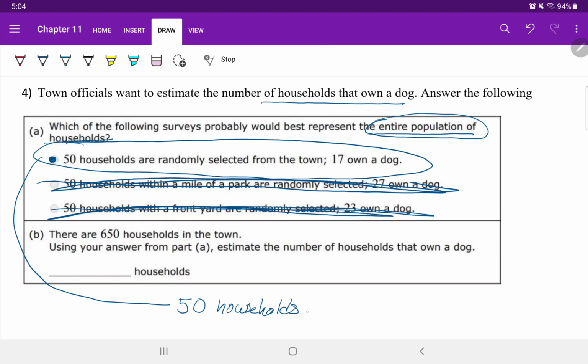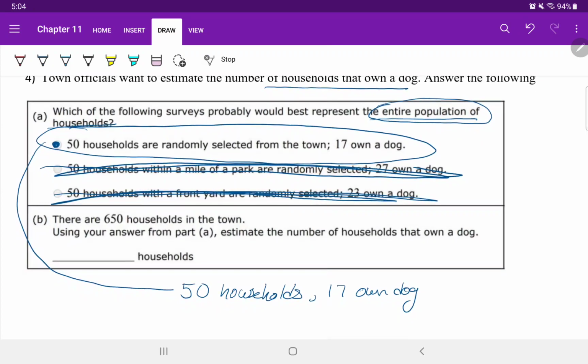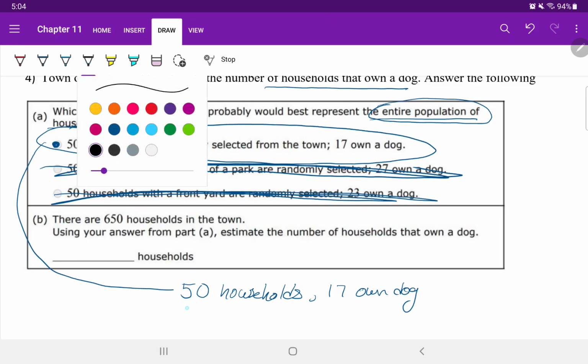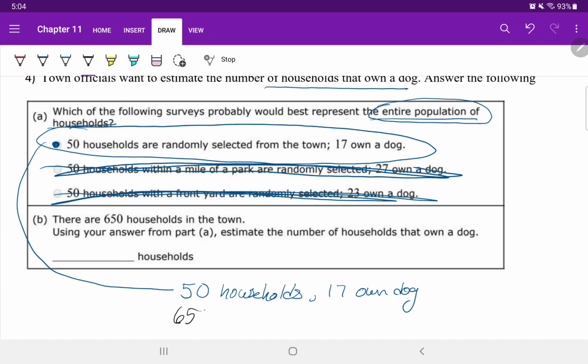So 50 households, 17 own a dog. Now, if you notice, there are a total of 650 households in the town. We want to estimate how many households in total own a dog.